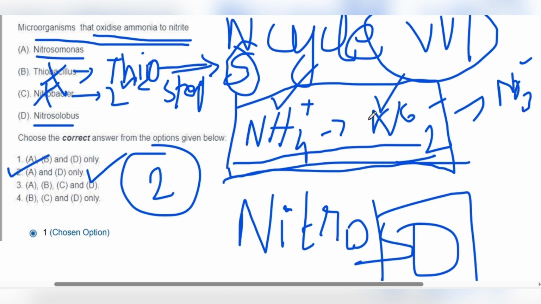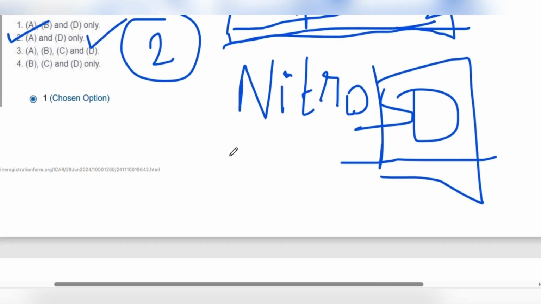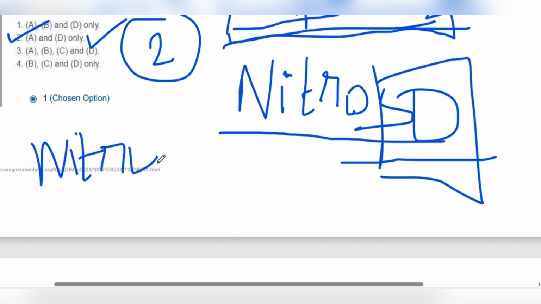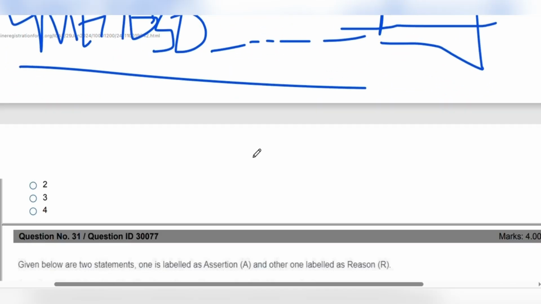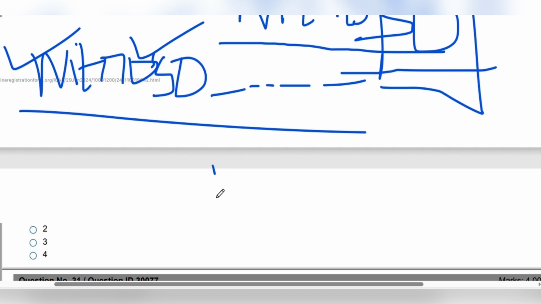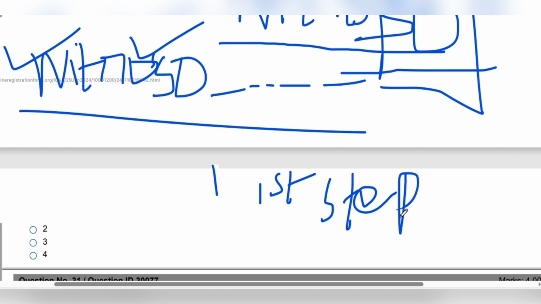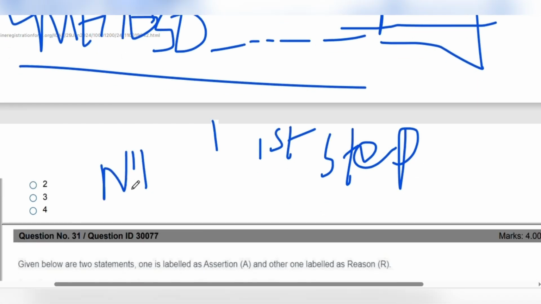Ammonium to nitrite is converted by bacteria having a generic name starting with nitroso. Nitroso should be common. If you see nitroso in the option, then after that it can be anything, XYZ. If you see nitroso in the name, then you should be totally sure, totally guaranteed that it is a nitrifying bacteria. It takes part in nitrification, and it takes part in the first step of nitrification, where it forms nitrite from ammonium.